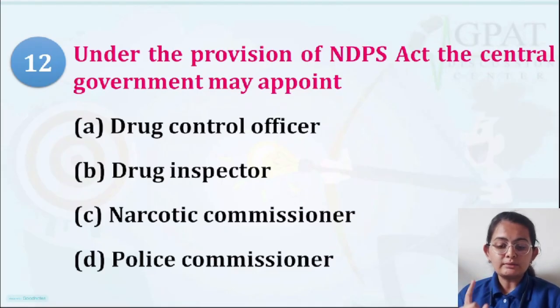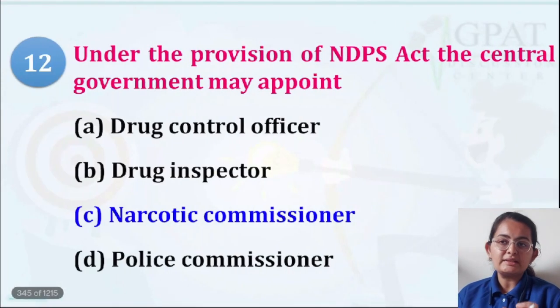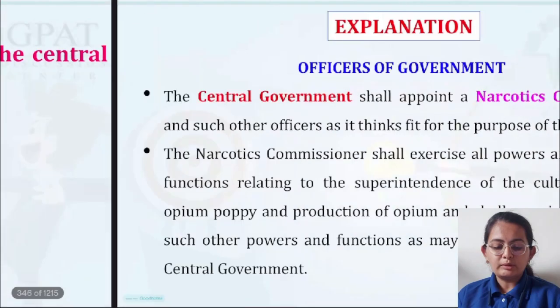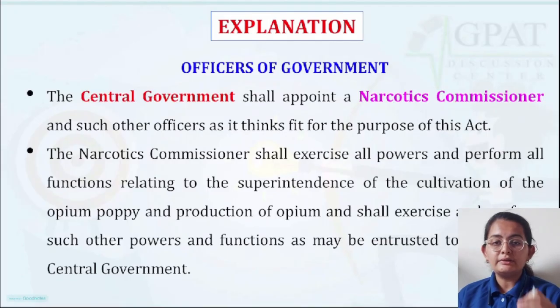That's why there is one officer who is appointed for this purpose, and that is nothing but the narcotic commissioner. Specifically, the word narcotic is also written, so you could very well know about this. The narcotic commissioner is the one who is appointed by the central government to look after whether every rule of the NDPS Act is being followed by every individual all over the nation.